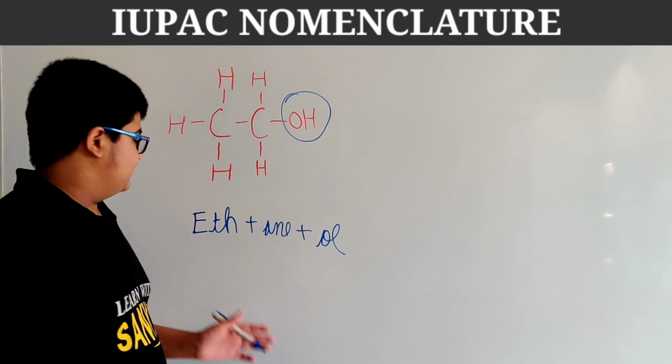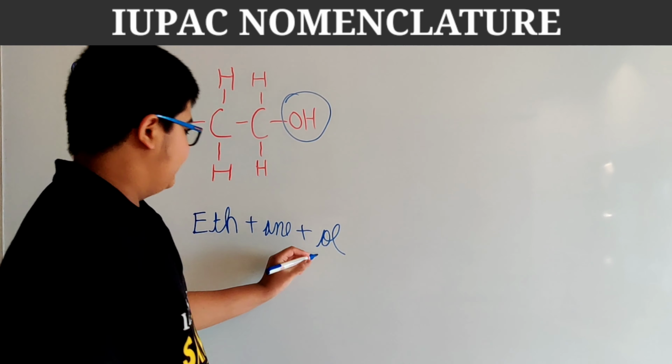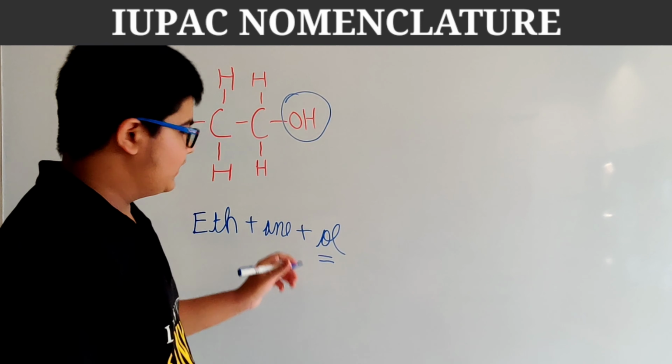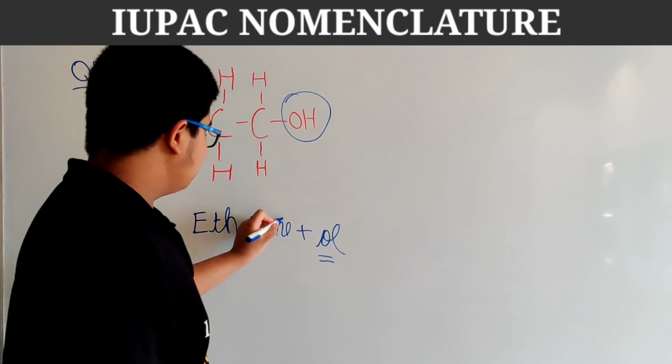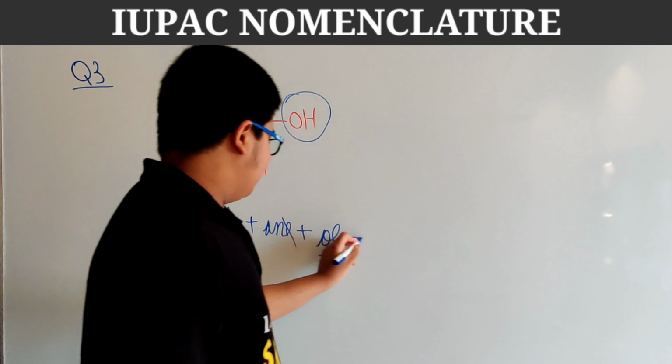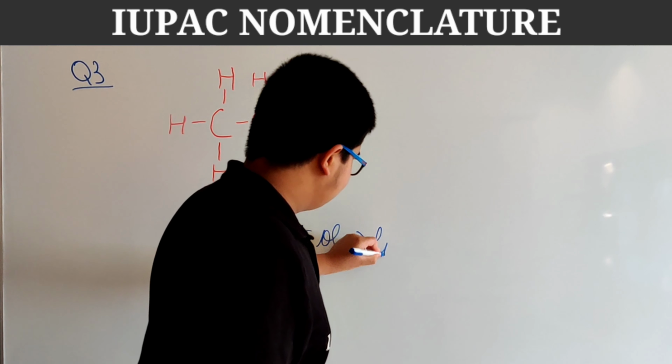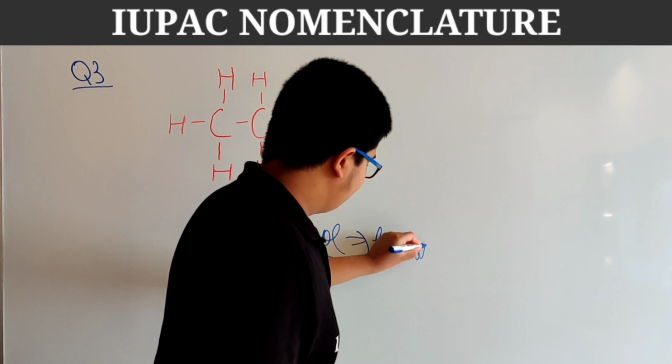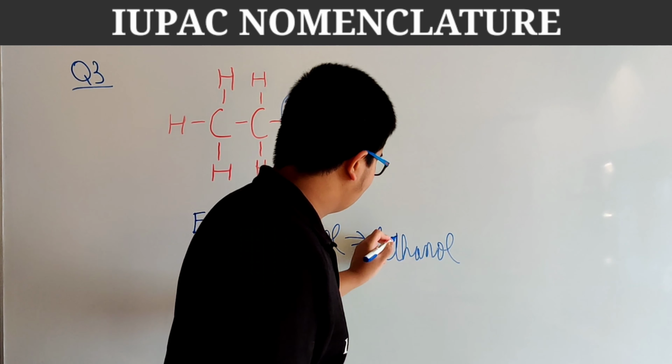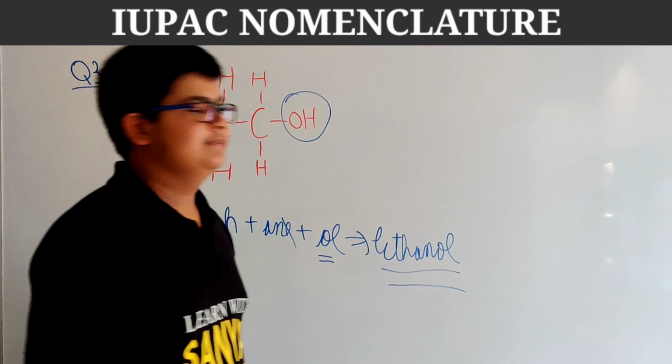Now again the special rule: as O is present in the functional group suffix, this E will be deleted. So the final name becomes eth, an, ol. So ethanol is the final name of this compound.